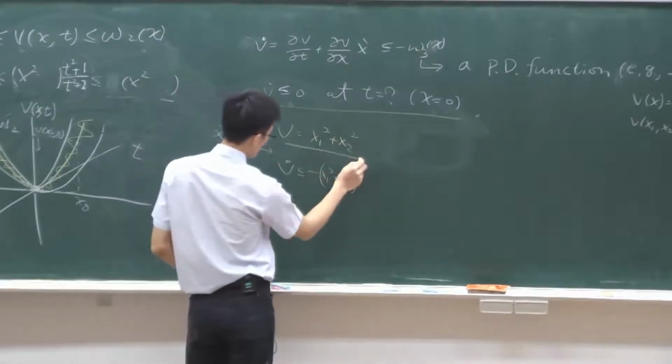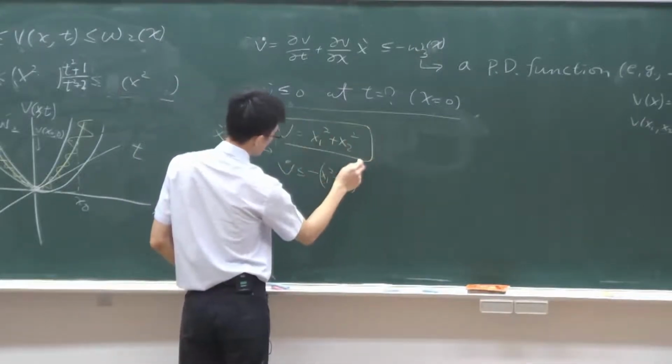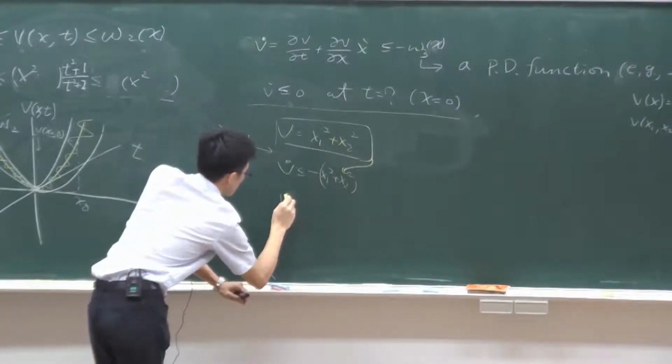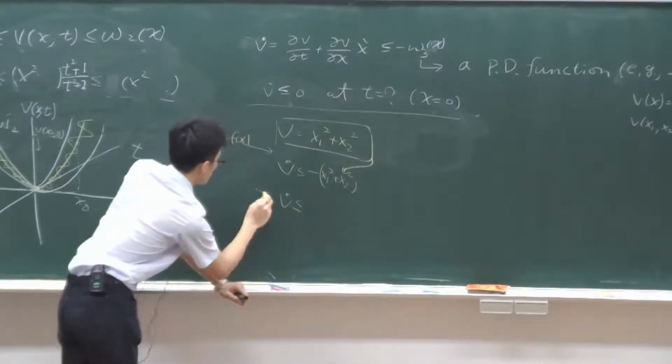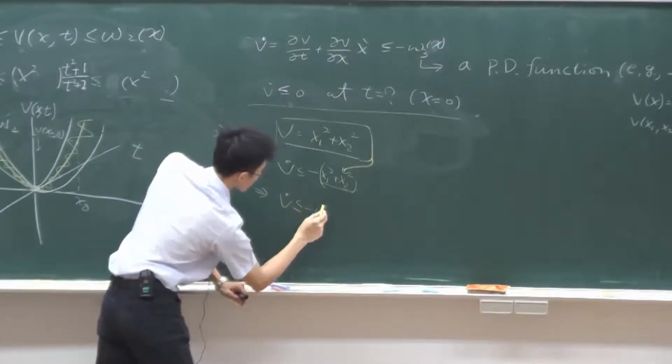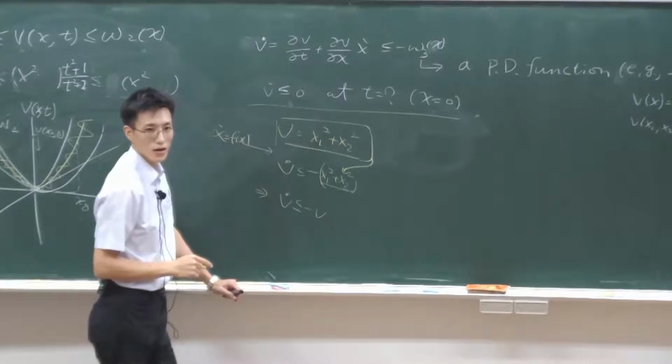You can substitute this back to here, which means V dot will be minus V, right?